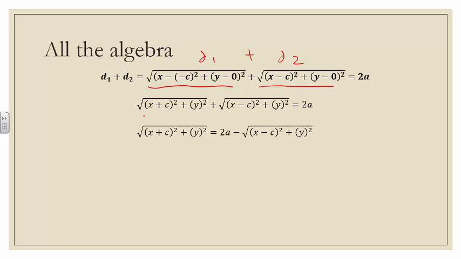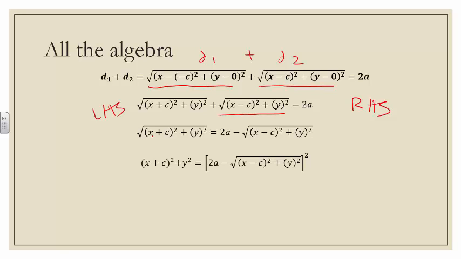We begin to do some algebraic manipulation. We start by subtracting this term, the square root of x minus c squared plus y squared. We move it from the left-hand side to the right-hand side of our equation, giving us the square root of x plus c squared plus y squared, now equal to 2a minus the square root of x minus c squared plus y squared.